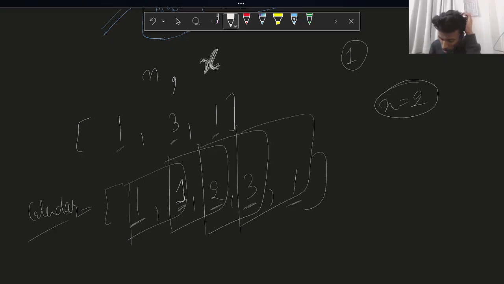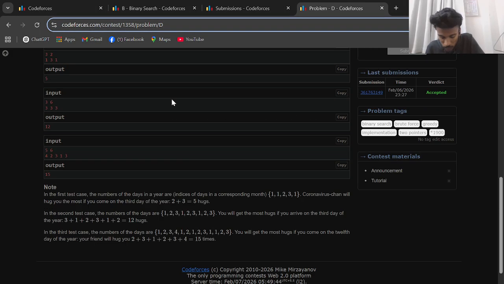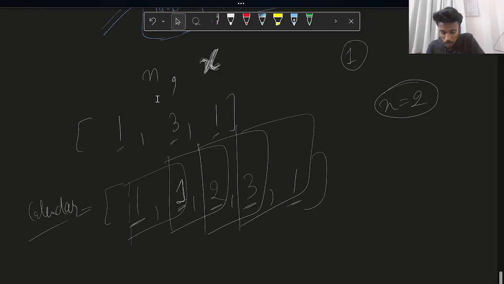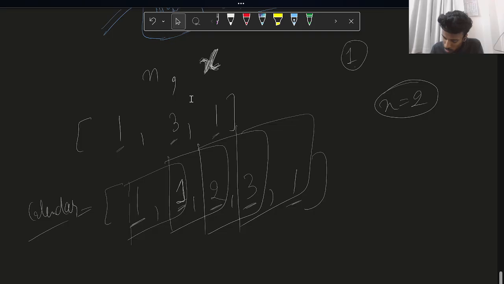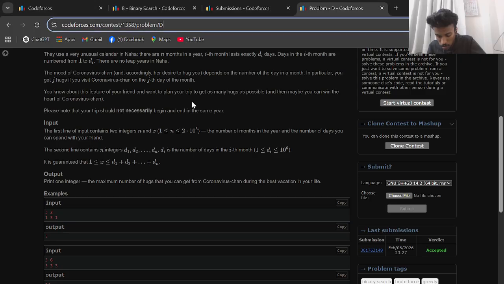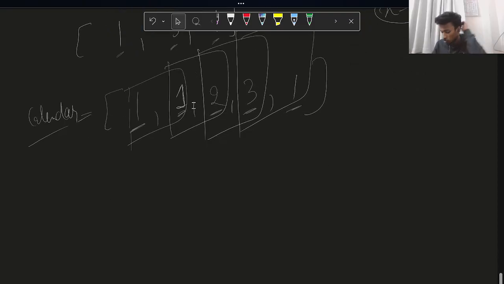What you need to find is the maximum number of hugs, that is, the maximum sum over this x.